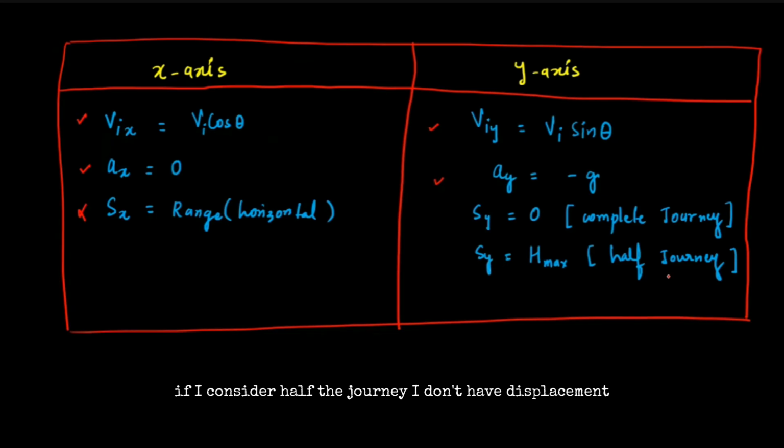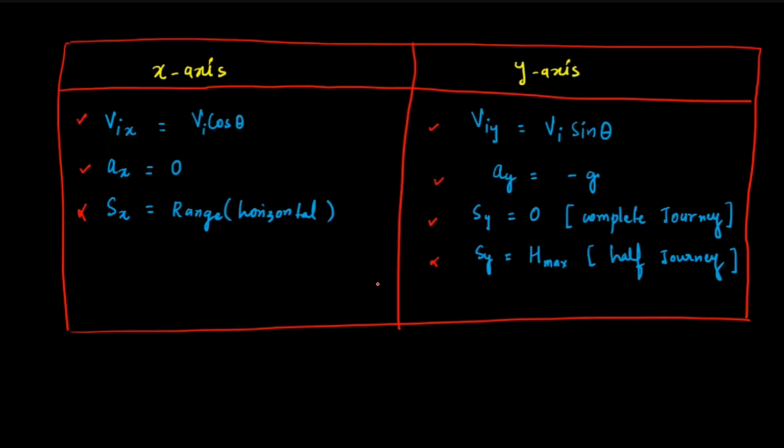If I consider half the journey, I don't have displacement. But if I consider the full journey, I have displacement in the y-axis. Now think once again, which axis allows me to use more variables? In the y-axis, I have three things with me, whereas in the x-axis, I have only two things. Considering the complete journey, the complete motion.